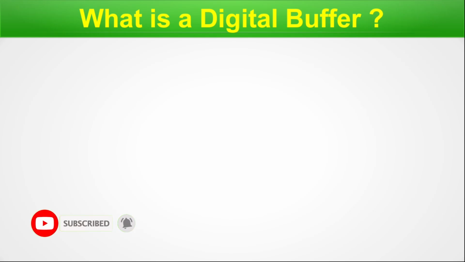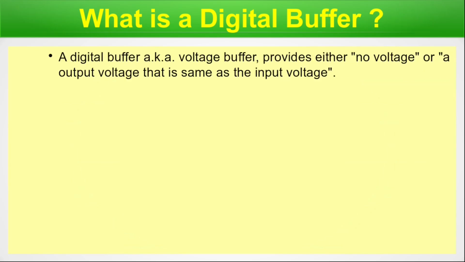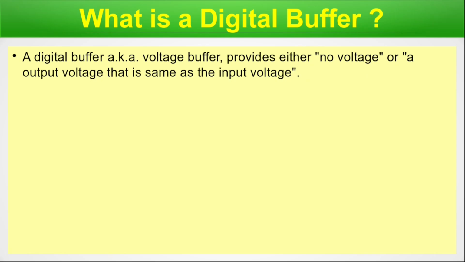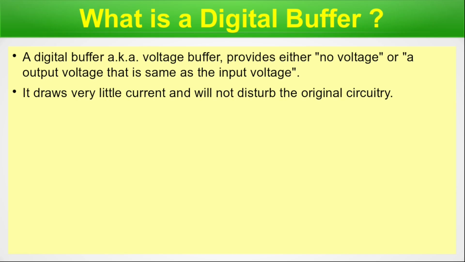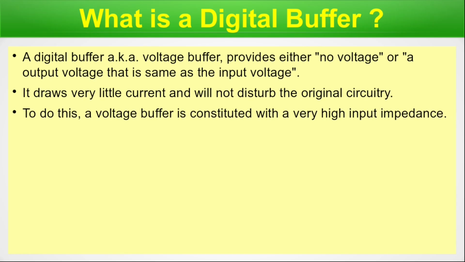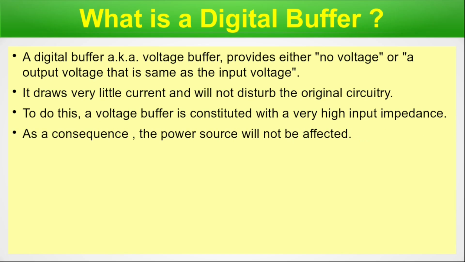What is a digital buffer? A digital buffer, also known as voltage buffer, provides either no voltage or output voltage that is the same as the input voltage. It draws very little current and will not disturb the original circuitry. To do this, the voltage buffer is constituted with a high input impedance. As a consequence, the power source will not be affected.